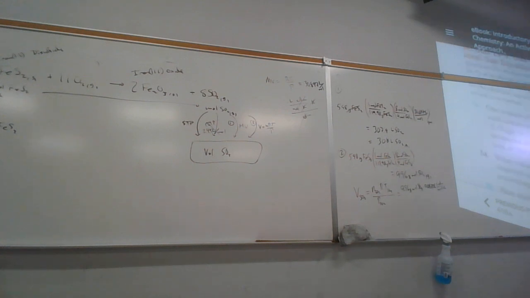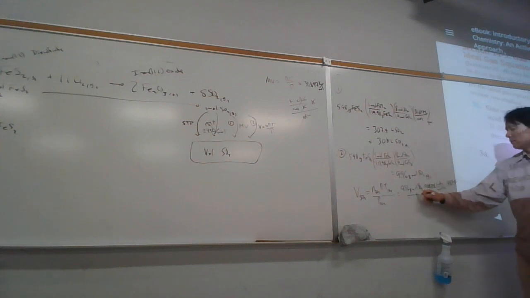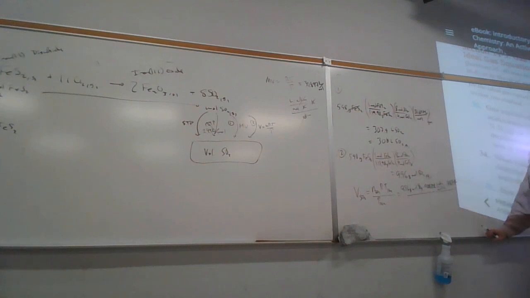Let's do this. 214 plus 273. So 487. The temperature in Kelvin is 487 Kelvin divided by the pressure of the SO2. The pressure of the SO2 is 983 torr.